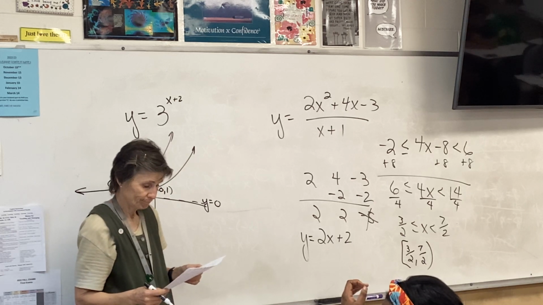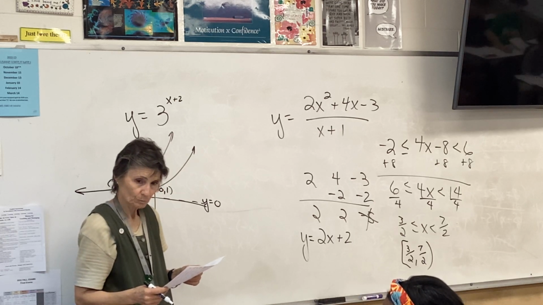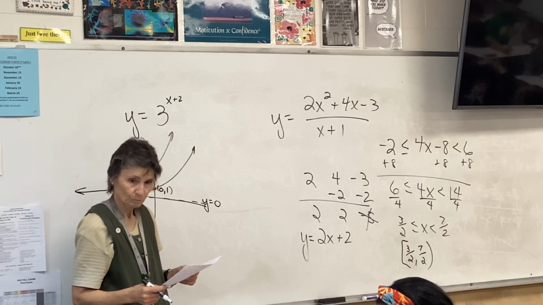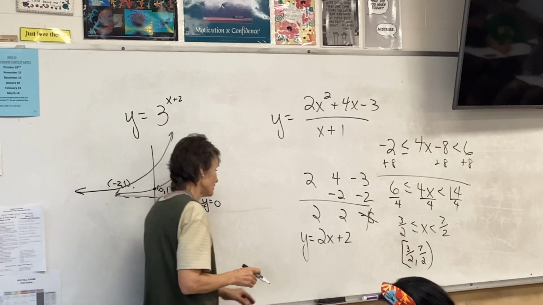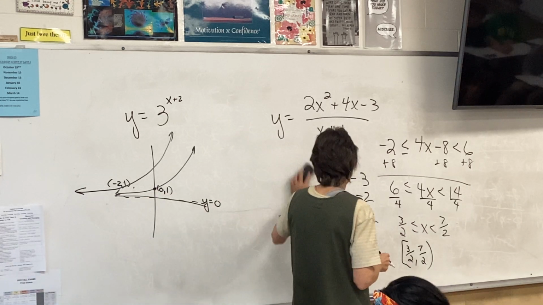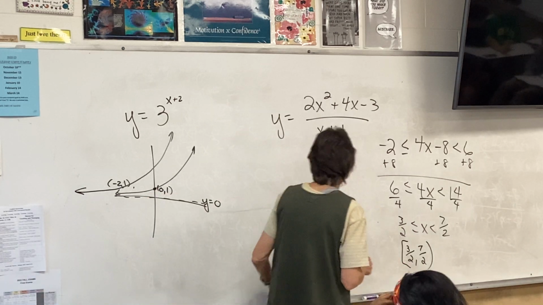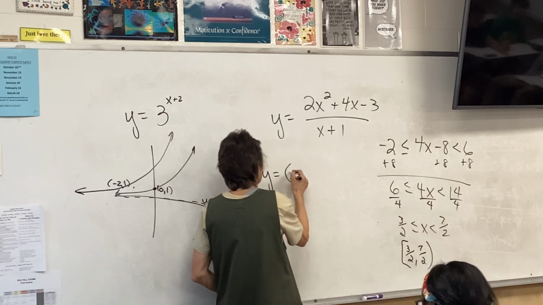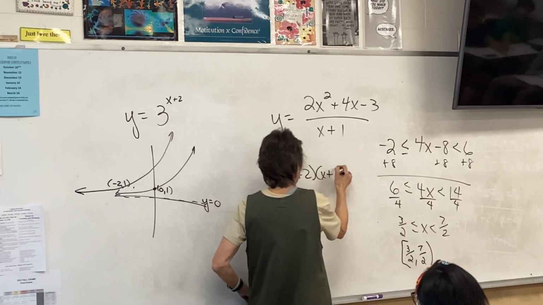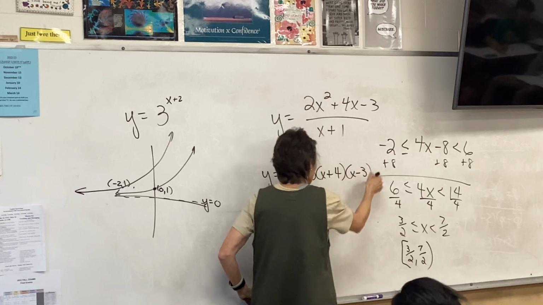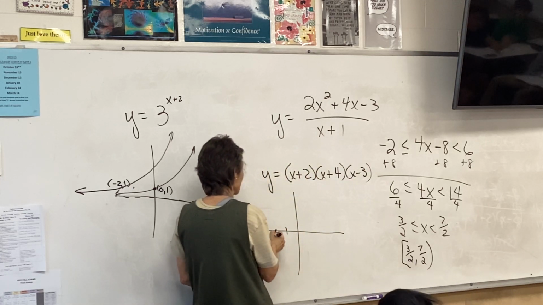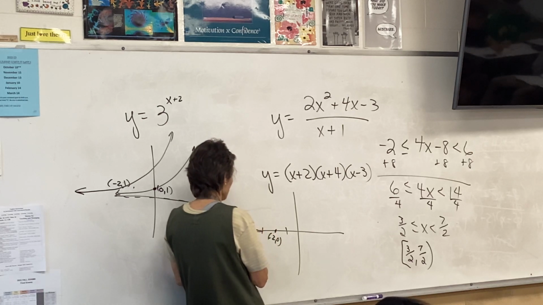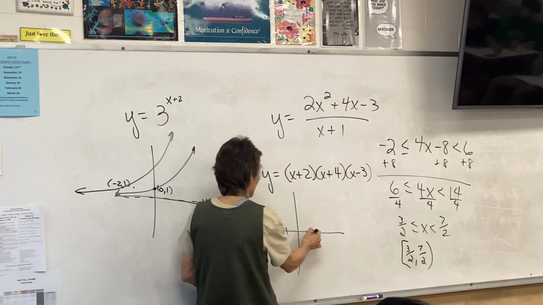So when you graph polynomials, we could graph it like x plus 2, x plus 4, x minus 3. If we graph that, we know we have intercepts at -2, -4, and 3.